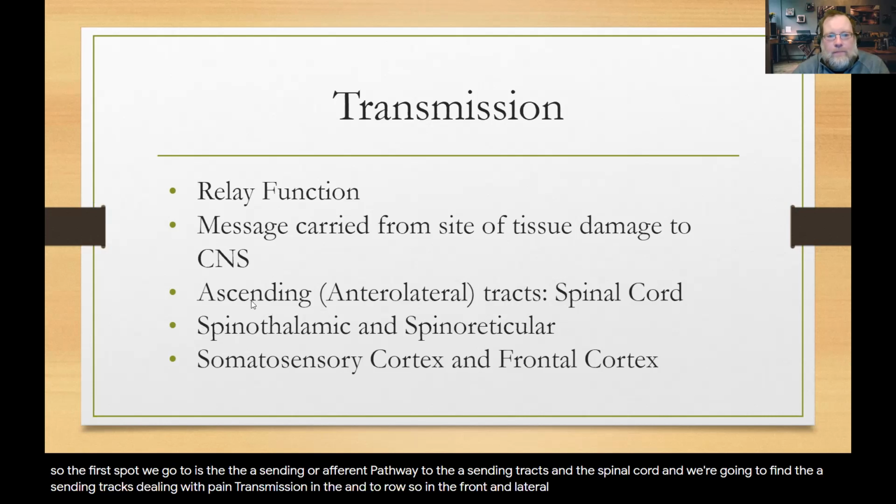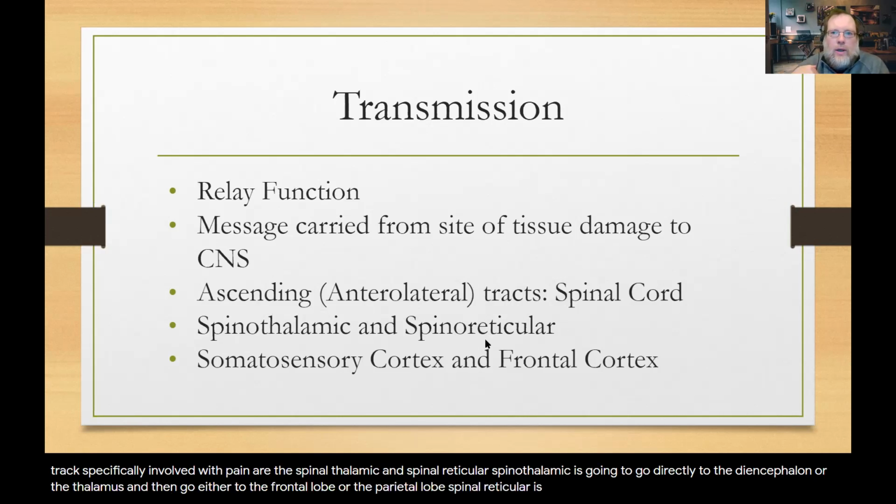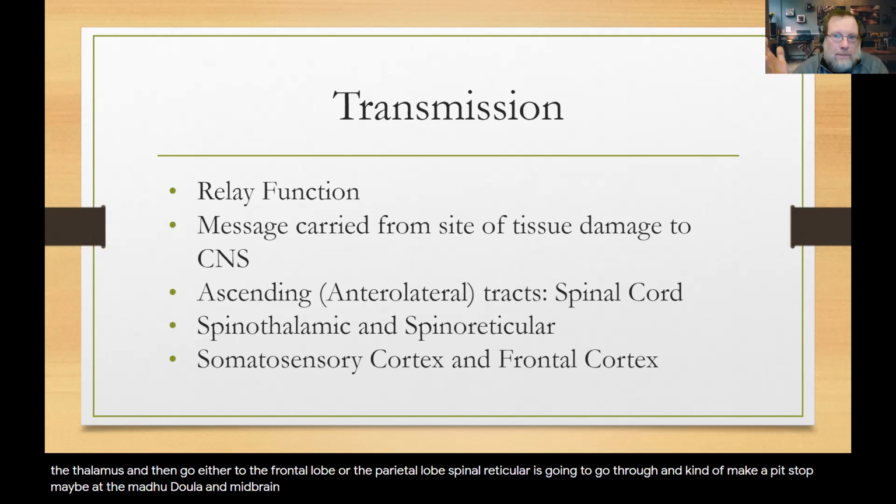spinal cord. The two ascending tracts specifically involved with pain are the spinothalamic and spinoreticular. Spinothalamic is going to go directly to the diencephalon or the thalamus, and then go either to the frontal lobe or the parietal lobe. Spinoreticular is going to go through and maybe make a pit stop at the medulla and midbrain area, the brainstem.